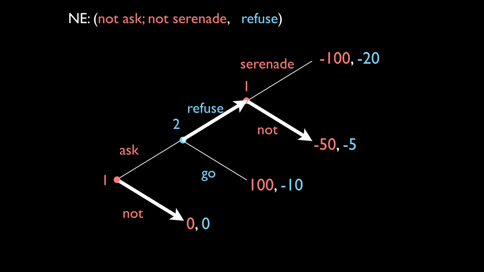Now let's take the whole thing. Person 1 is getting 0. If 1 were to deviate, 1 would get -50. Does this make sense? In other words, the serenade is not credible. Therefore, 2 goes to refuse an invitation. Therefore, 1 never makes an invitation in the first place. So is this subgame perfect? Yes.